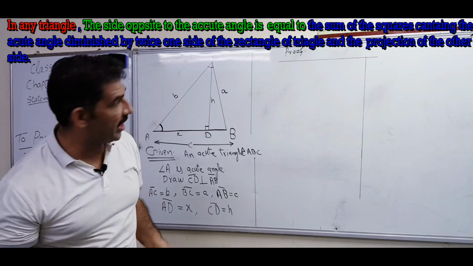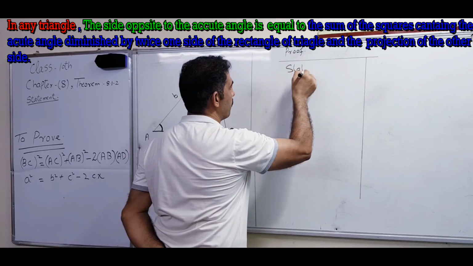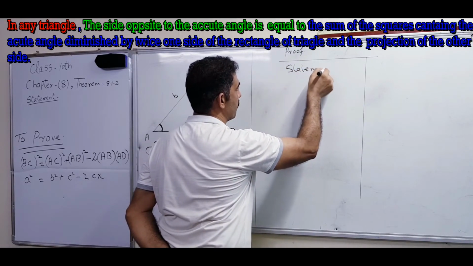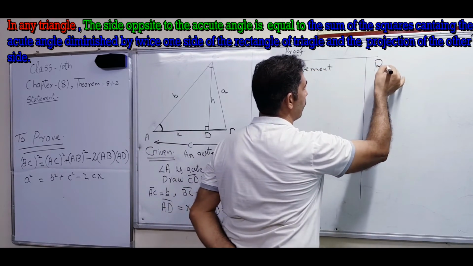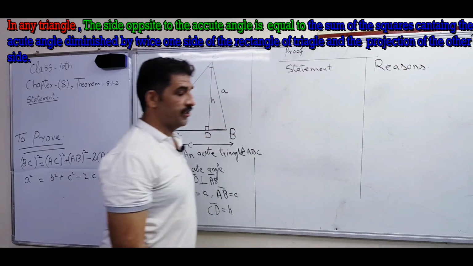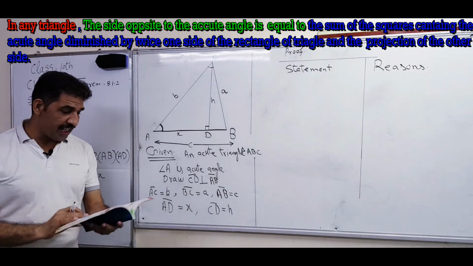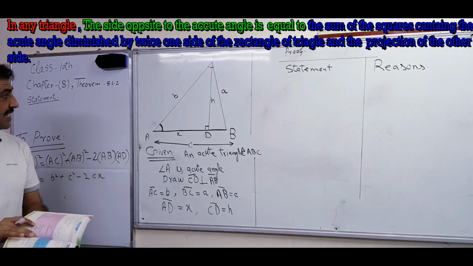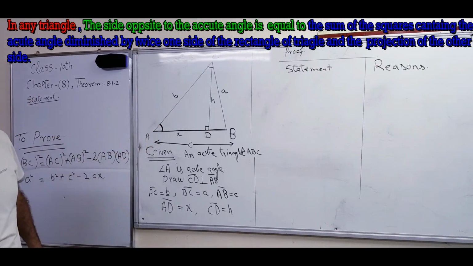Statement and reasons. In statement and reasons, which triangle do we have to take first? The CDA acute angle triangle, we should take first.